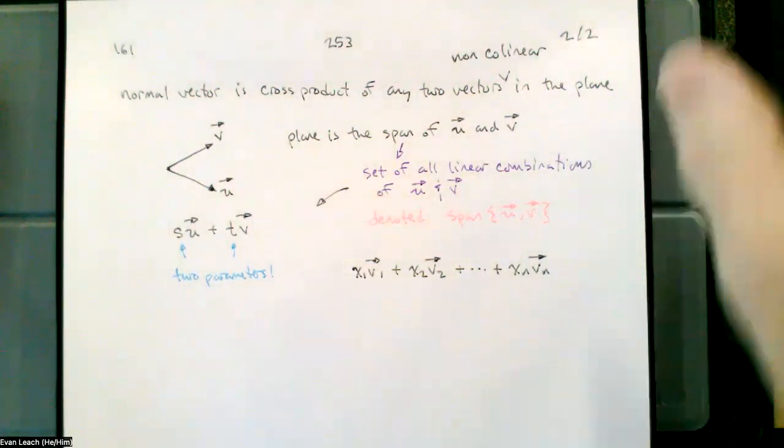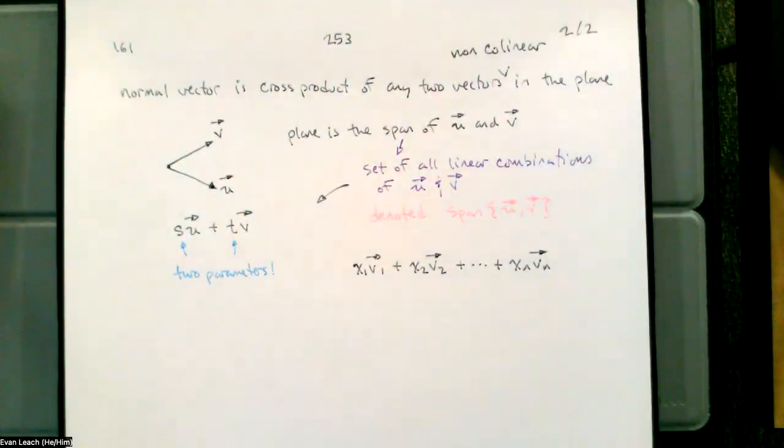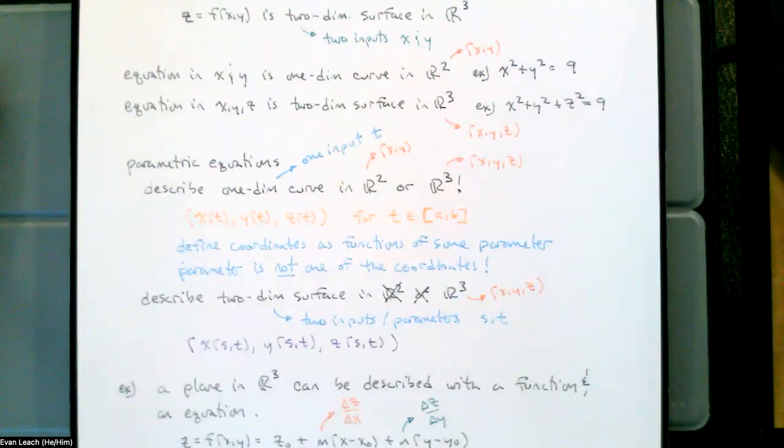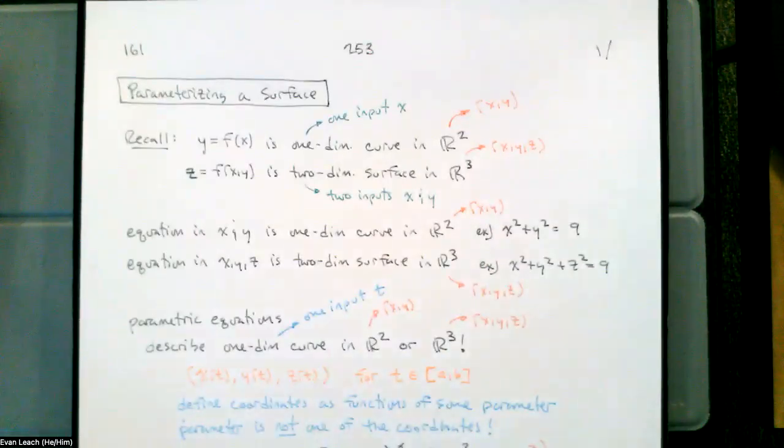that's what I wanted to say about parameterizations. The idea with these parametric equations is that we write our coordinates as functions of a parameter, and that parameter should not be one of our coordinates. What we're doing when we write a function y equals f of x is we're using one of the coordinates as a parameter. That's very restrictive, using one of the coordinates as a parameter.